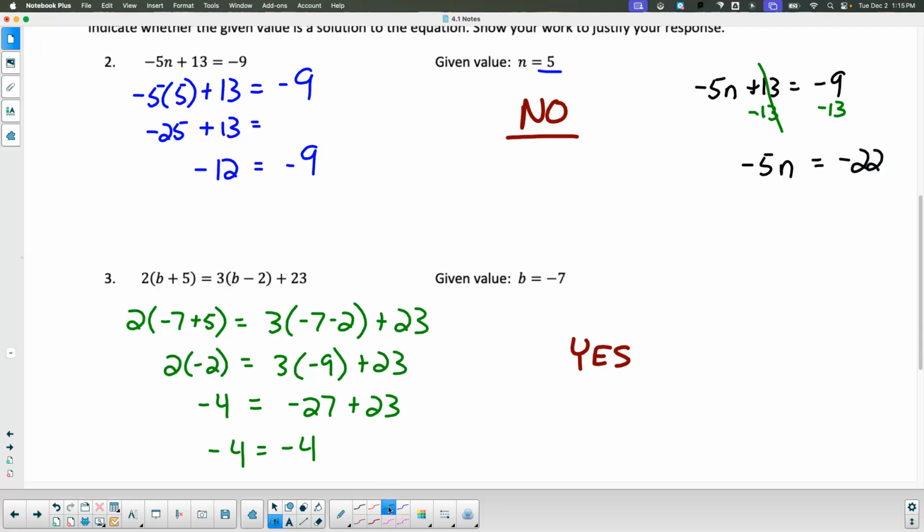Then I would have to divide by negative 5. That would give me n equals 22 fifths. So if n was 22 fifths, it would work, but it's not. Same thing in number 3. We could have solved that equation for b, and if we got negative 7, then it's a solution. Okay? Which we would have because of the truth of the equation. You can still do it like for 3, with distributing, right?